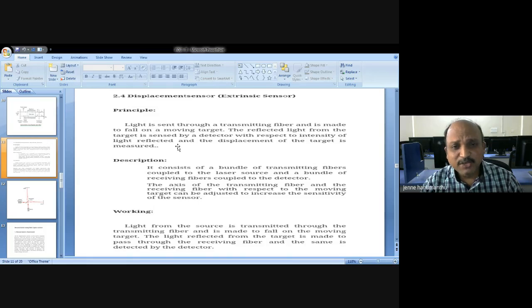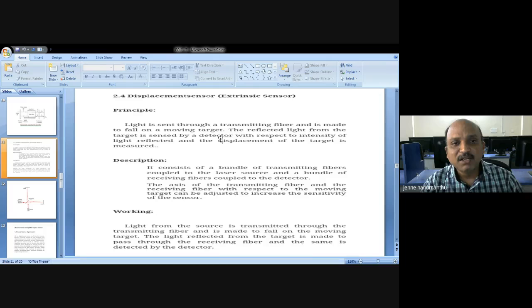You recall once again how you are going to establish any optical link. An optical link can be established: on the left side you can place a source, on the right side you can place a detector, and in between you place the medium, right? For measuring the displacements you have to consider two optical fibers, fiber 1 and fiber 2, and in between you can place a target.